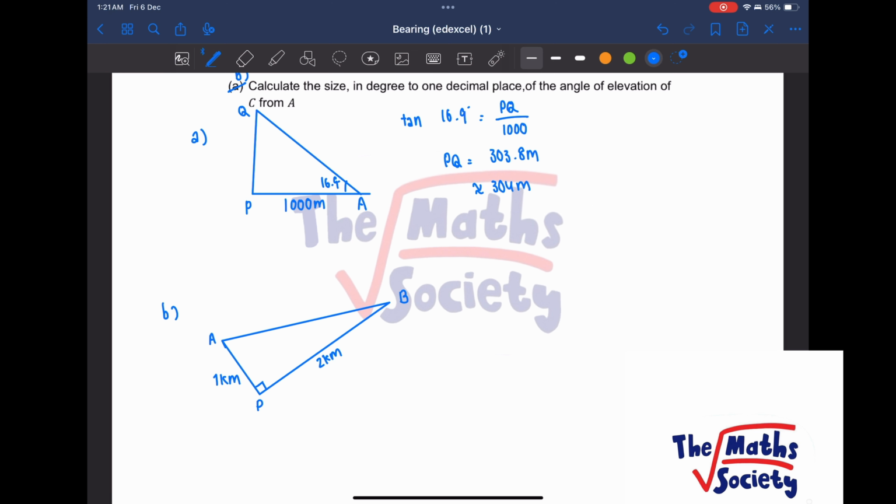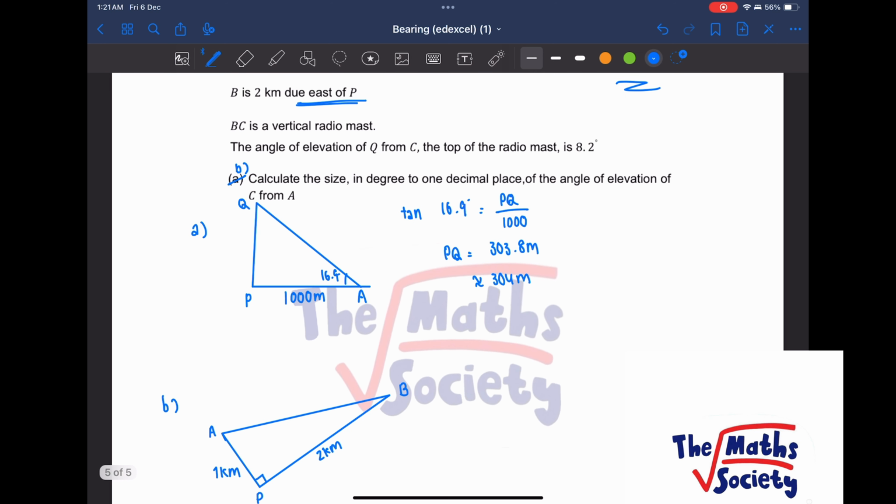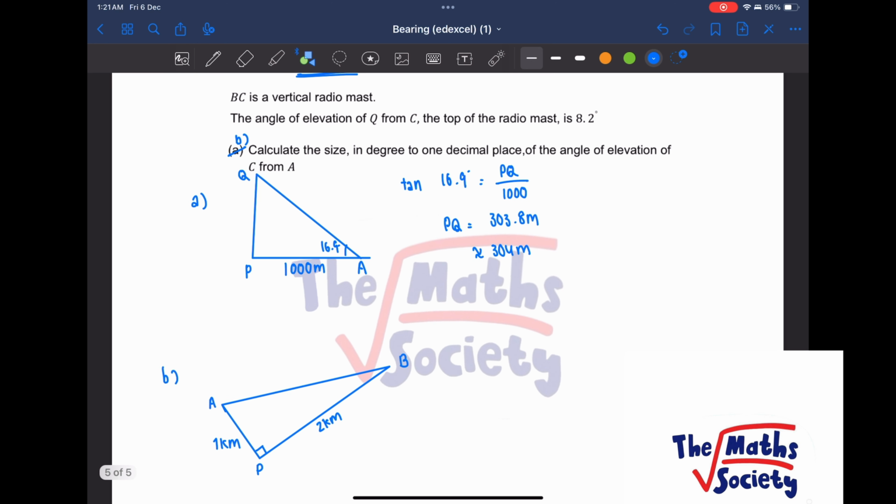And BC is a vertical radio mast. So we know that BC is vertical. And we still have PQ as well. So this is going to be PQ. Let me just draw it a little longer.